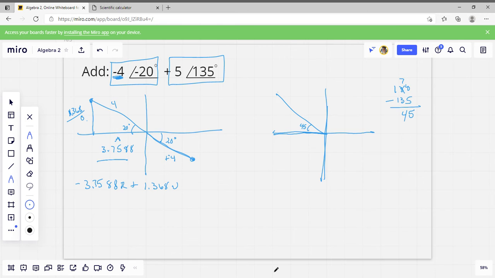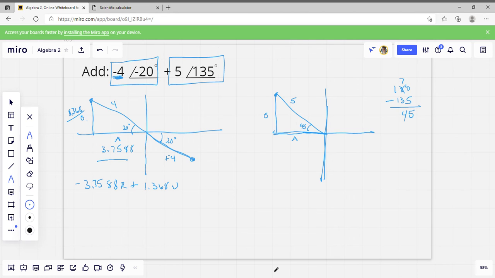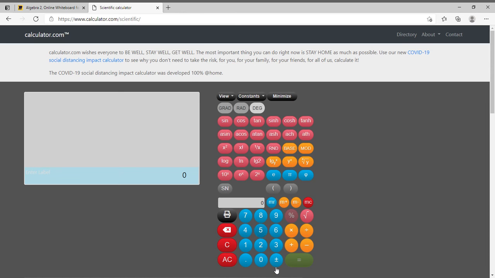And we went out 5. Okay, so we're going to have to find our opposite and our adjacent. So we're going to say sine of 45 times 5. So 45 sine times 5, 3.5355.